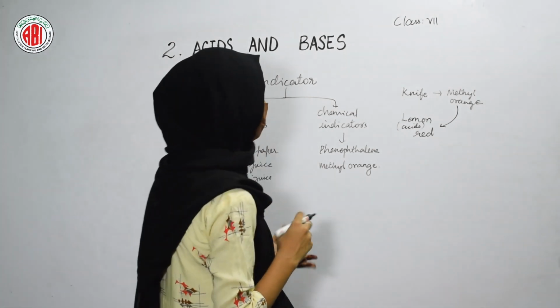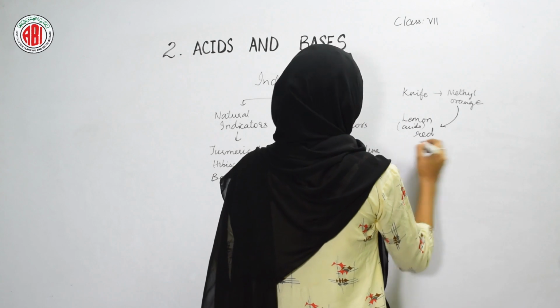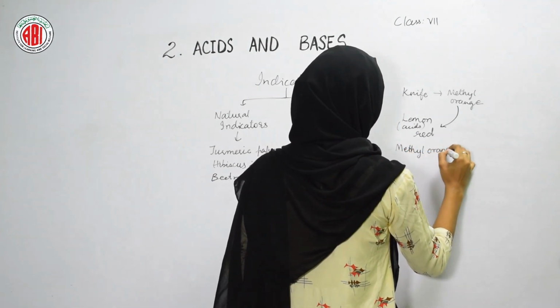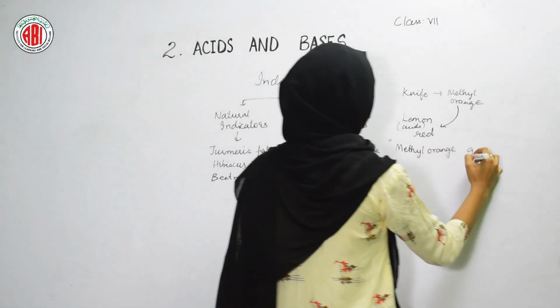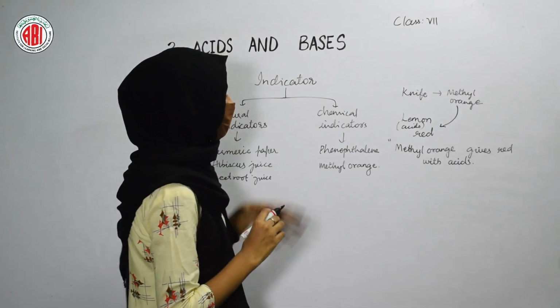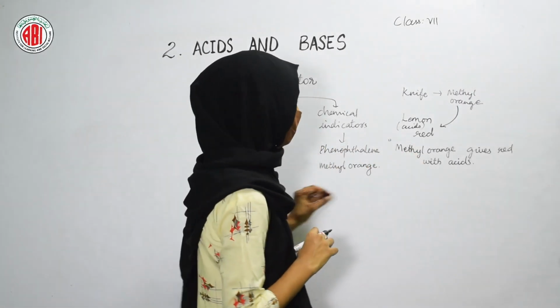But in fact, it is not the blood that flows out of the lemon. So here the conclusion is methyl orange is an indicator that gives red color with the acids.